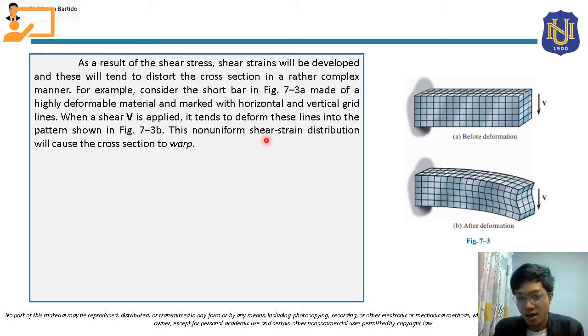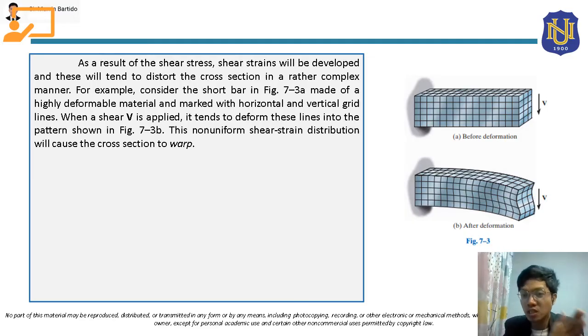As you can see here, this non-uniform shear strain distribution will cause the cross-section to warp. So class, if you are going to apply a shear V to this bar, what happens to the bar, class? It will deform, as you can see here. Yung deformation dito, class, the cross section of the bar, it will warp.